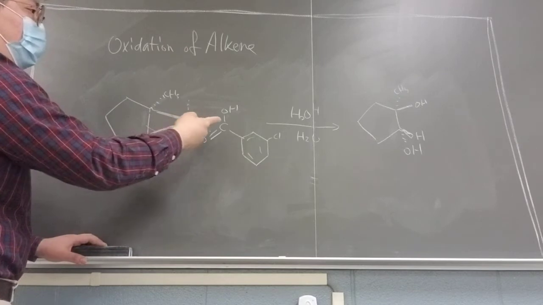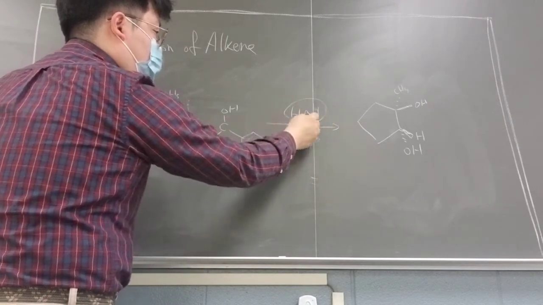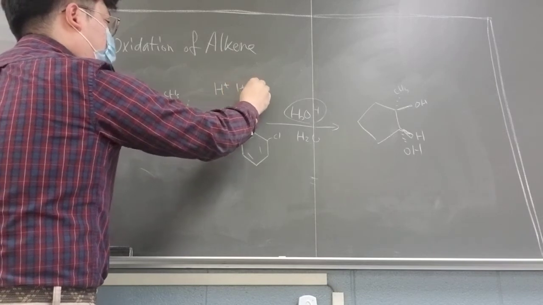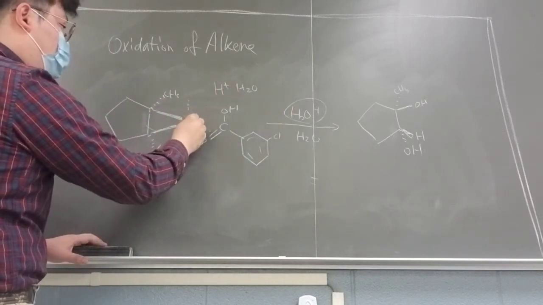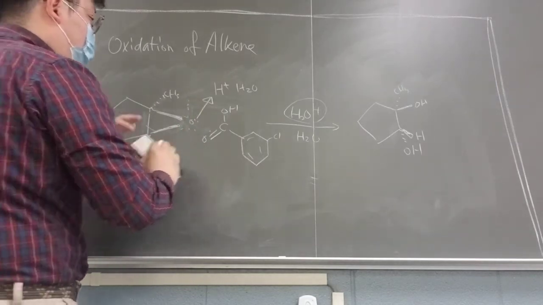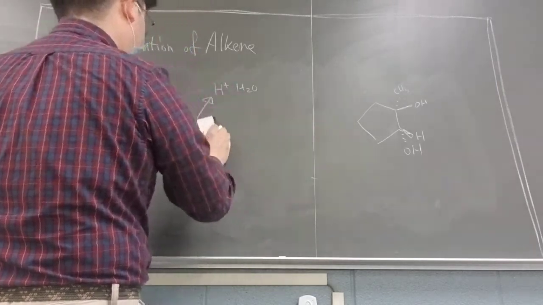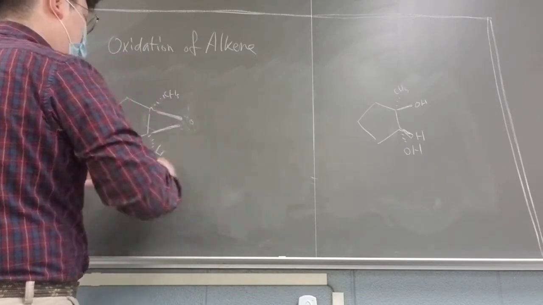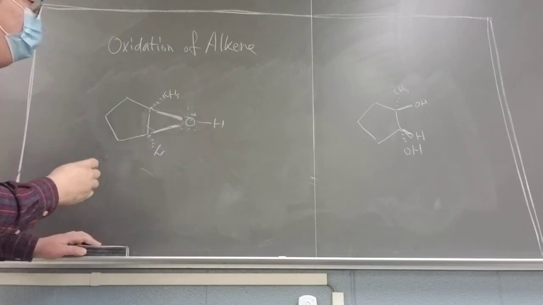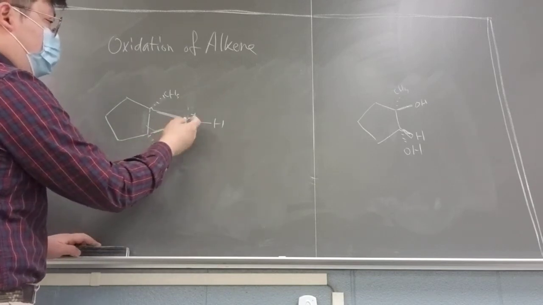And then this one comes in. Then you have a lot of protons, right, from here, and this one will grab protons because there are so many of them. So they form this, and then this is unstable, obviously.